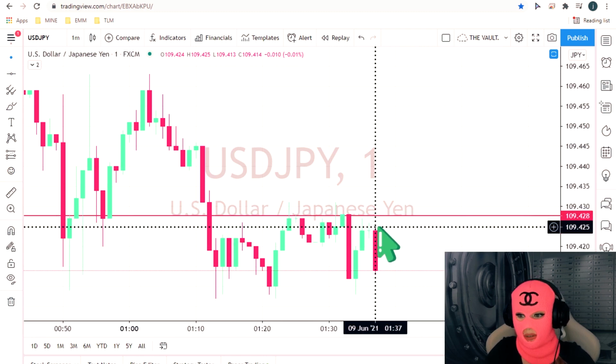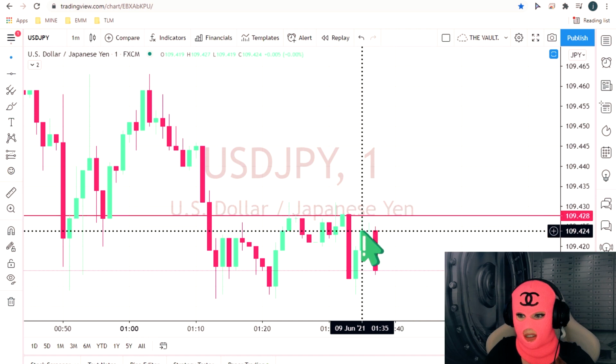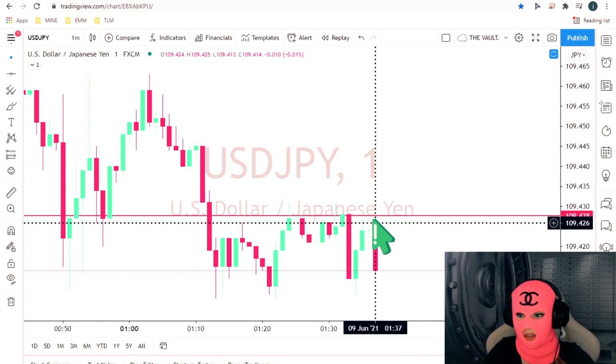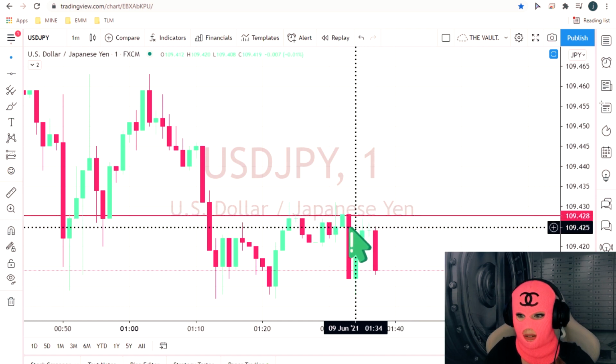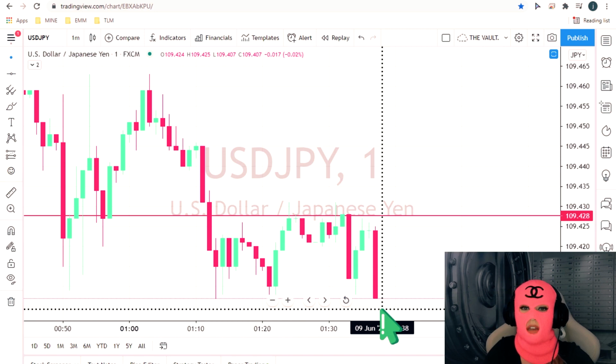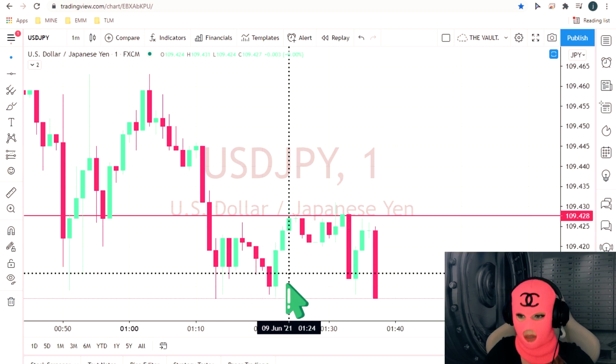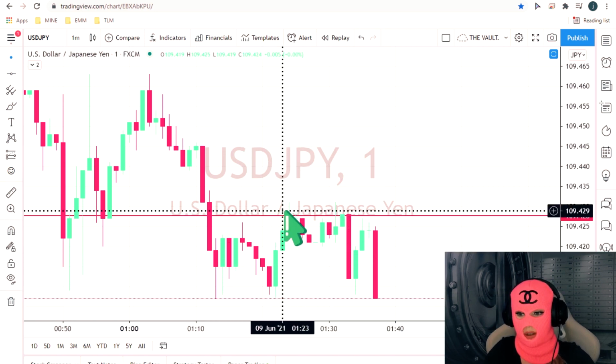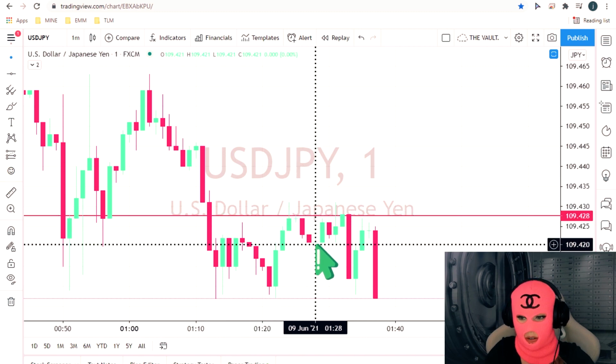So these wicks were testing not only this level and rejecting, but the secondary wick tested beyond this, respected this previous level of support and resistance, and then fell strikingly. So you want to see, with a larger move up, it reacted down right here.